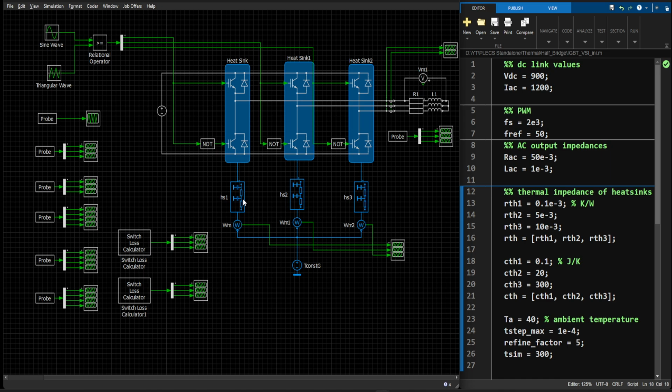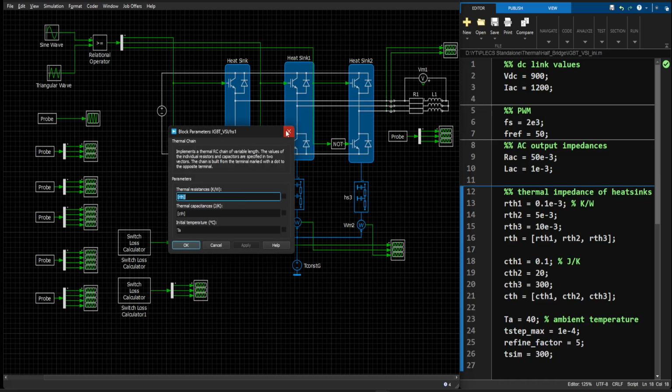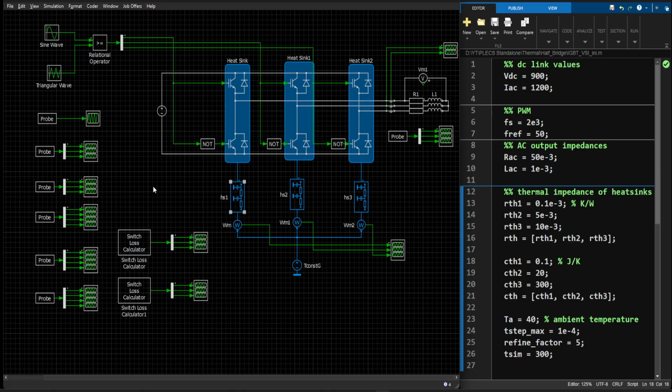You need to add the thermal impedances of the heatsink externally using these connections. You can also take the inbuilt thermal resistances and thermal capacitances and build the ladder network or chain network as you wish, depending on which version of the thermal model you consider.